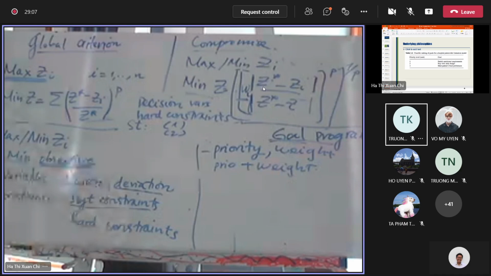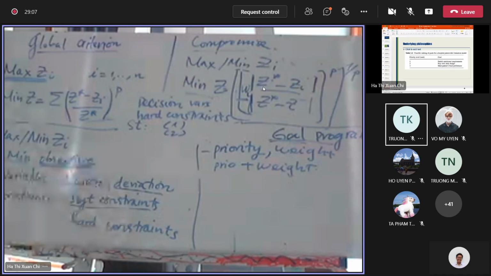Okay. So when we talk about goals, in this method we apply it to solve problems with many goals. And we have priority for each goal.